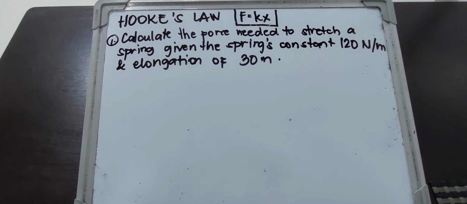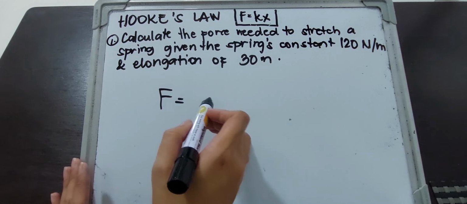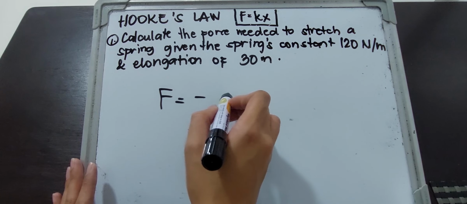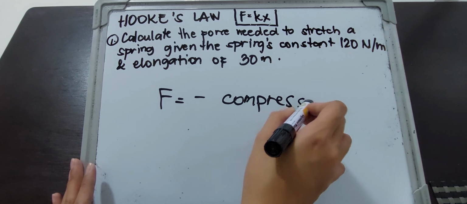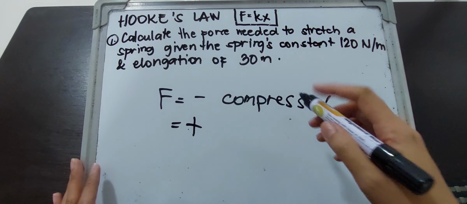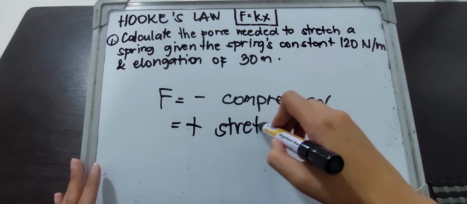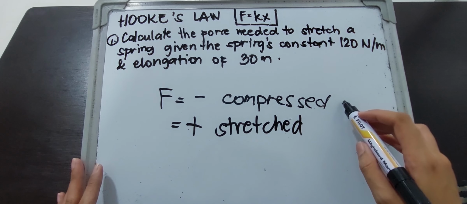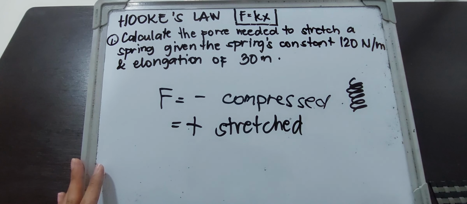And remember that in Hooke's Law, pag yung force, ang naging sign natin is negative, it means that the spring is compressed. But if the force is positive, it means that the spring is stretched. Again, pag negative sign yung force, it means that the spring is compressed.